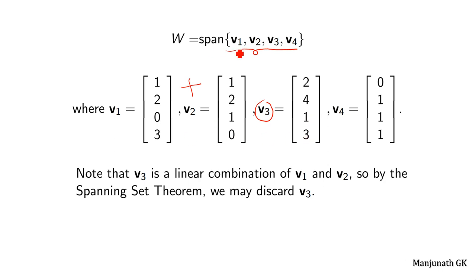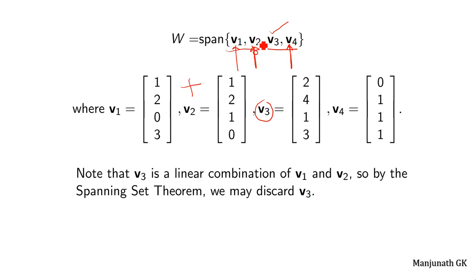Out of these 4 matrices, what is the basis for this W? v3 is redundant here, since it can be expressed in terms of v1 and v2. Then the basis for this W is only v1, v2 and v4, because v3 is a dependent vector here.